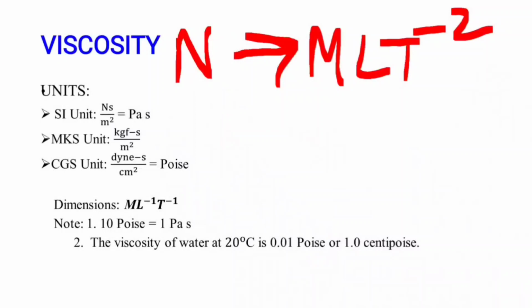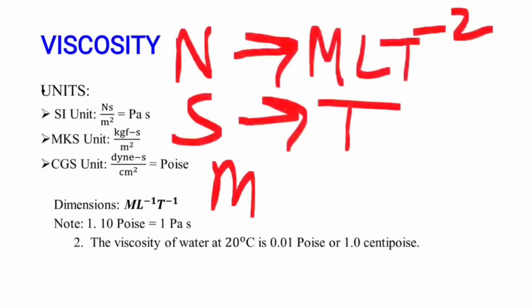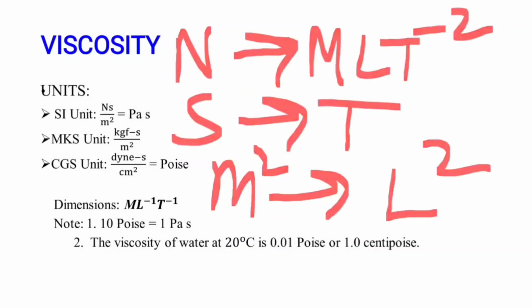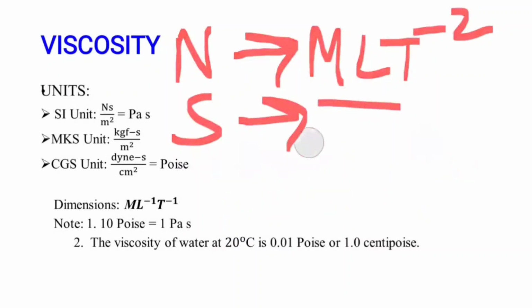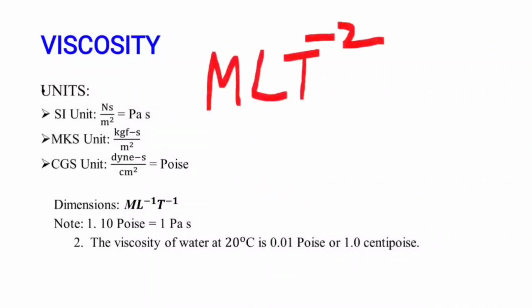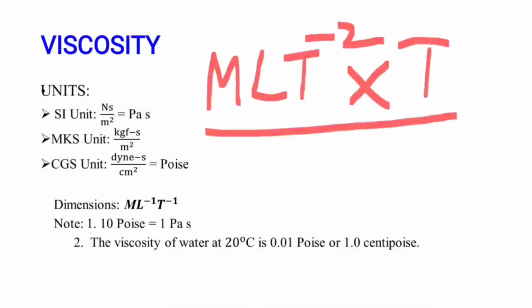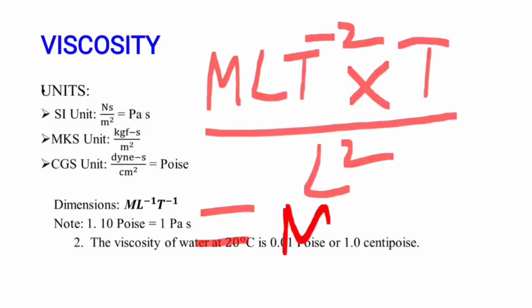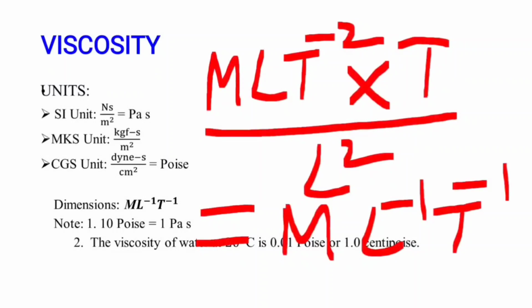N has dimensions of M L T power minus 2, second has dimensions of T, and meter square has dimensions of L square. So the dimensions are M L T power minus 2 into T divided by L square, that is equal to M L power minus 1 T power minus 1. It is the dimensions for viscosity.